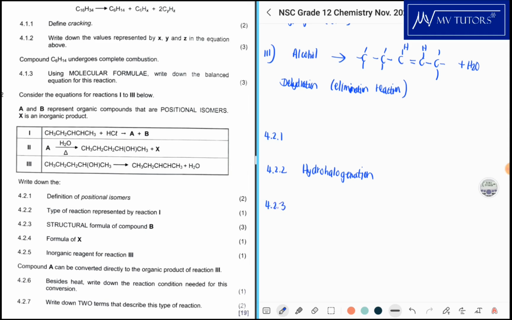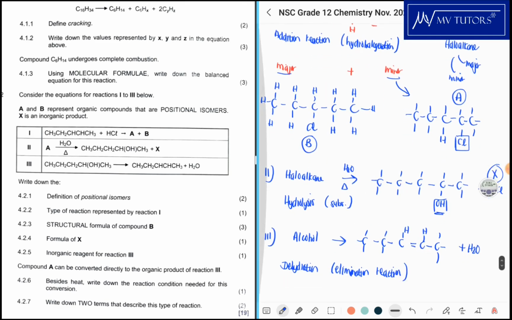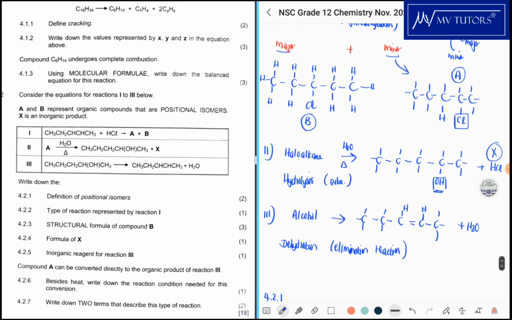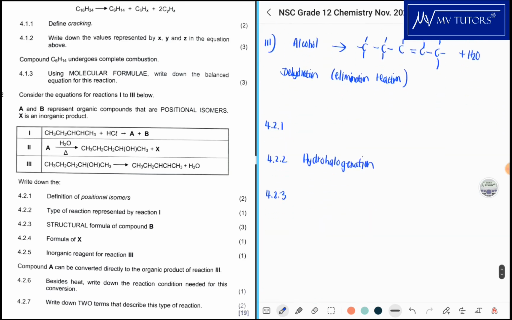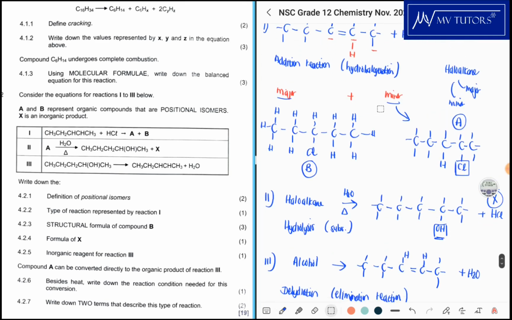4.2.3. Now write down the structural formula of compound B. Compound B is our major product with the chlorine on the 3rd carbon. So we can put it there, 1, 2, 3, 4, 5. I should have actually just copied it. Why am I working so hard all of a sudden? So this is what B is.